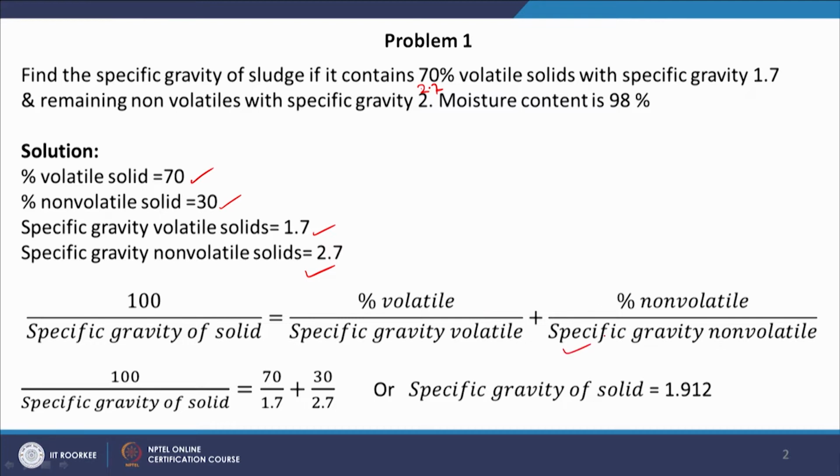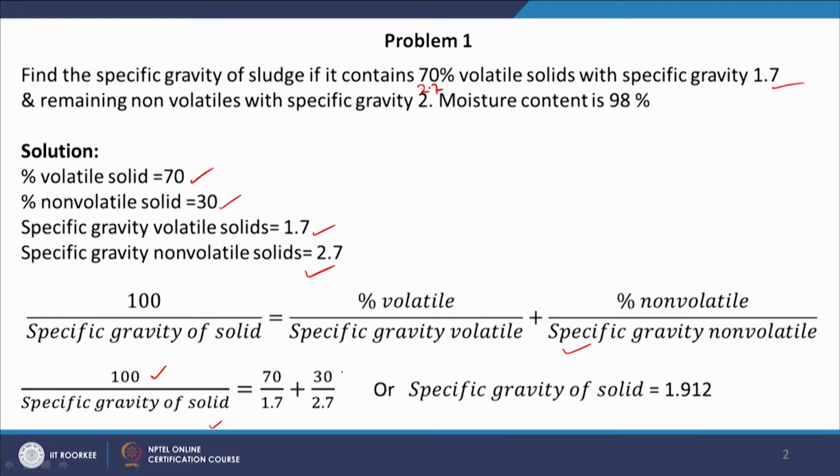So, here we will put the values. 100 by specific gravity of solid, then we are getting 70%. So, its basis is 100 as you have mentioned here. So, this percentage will be 70 here, and specific gravity of volatile is 1.7, it is given, and non volatile we are having 30%.